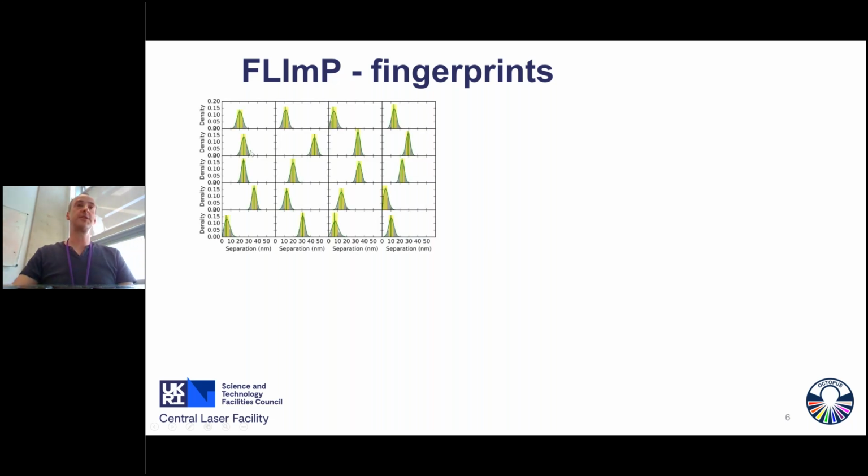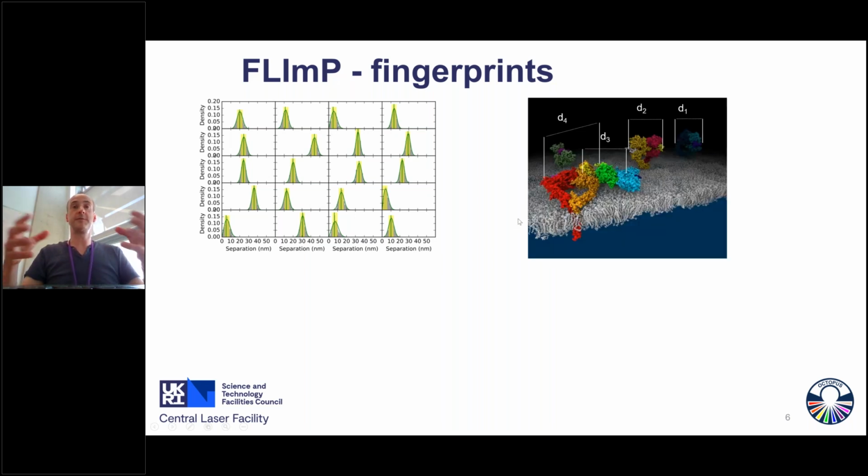So if we now imagine we have many such spots, possibly from multiple data sets, we find all the spots in our data sets which have those nice photobleaching steps so that we can apply this method to them, and we get many of these probability distributions, essentially separation measurements with uncertainty. We pool them.